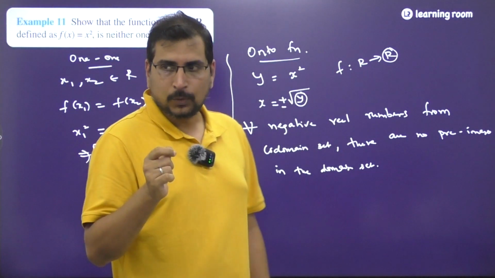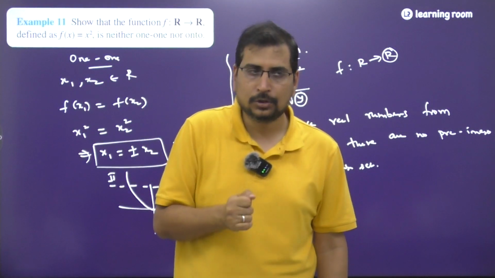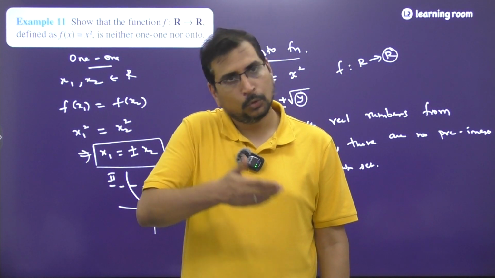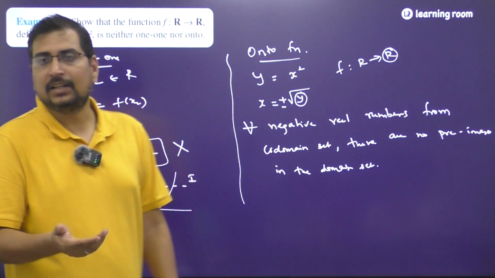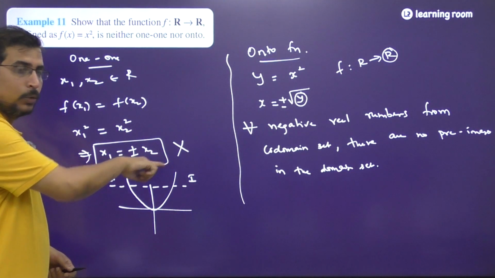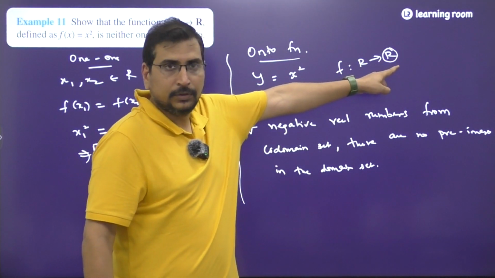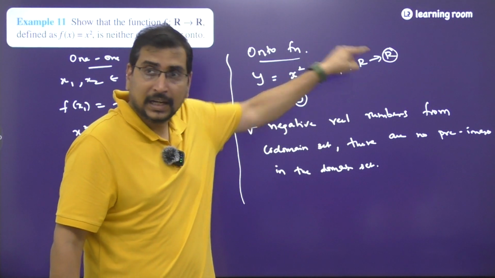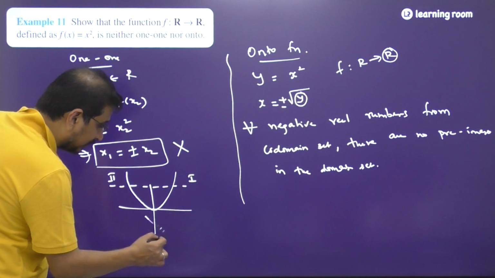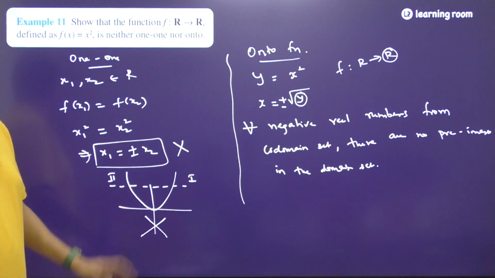What is the nature of y's sign? Is it positive or negative? Both are positive. Am I clear with that point? So the graph is confined only to positive real numbers. But what do we have in the codomain set? We have real numbers, meaning on this side there is no pre-image existing at all.